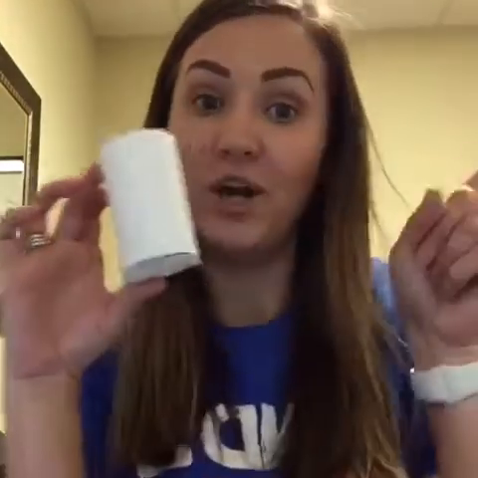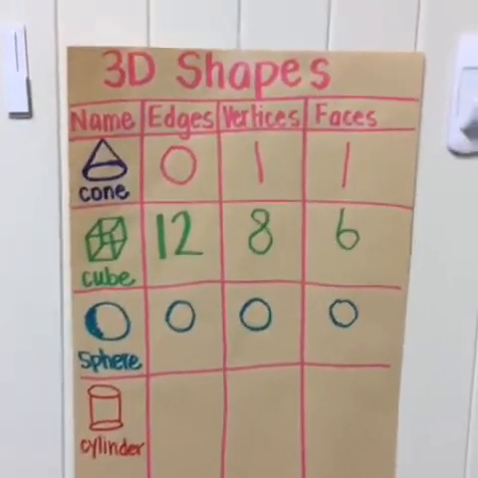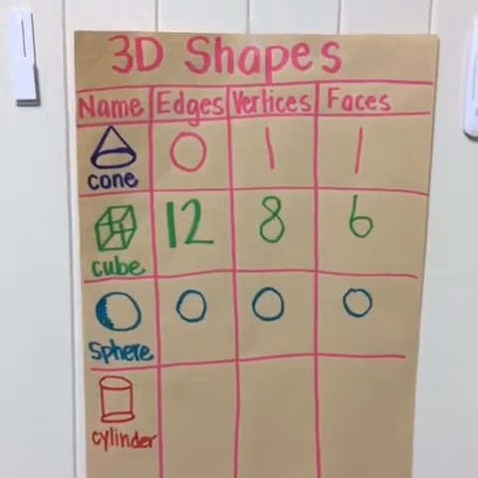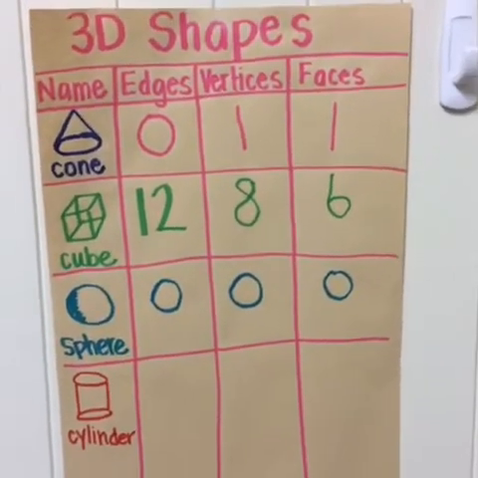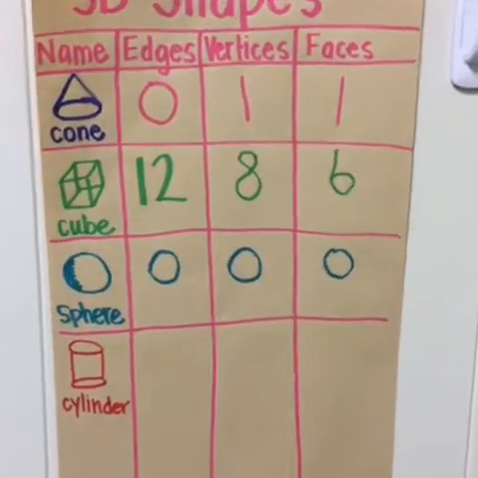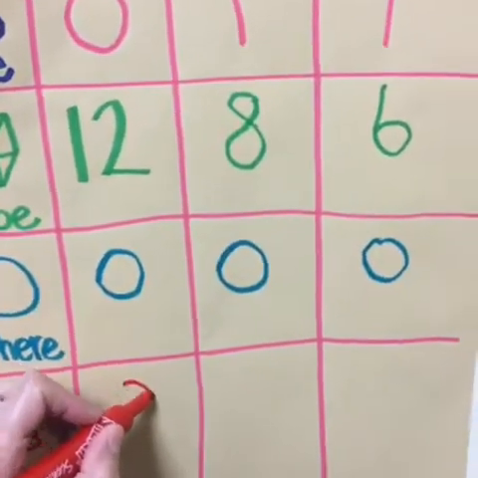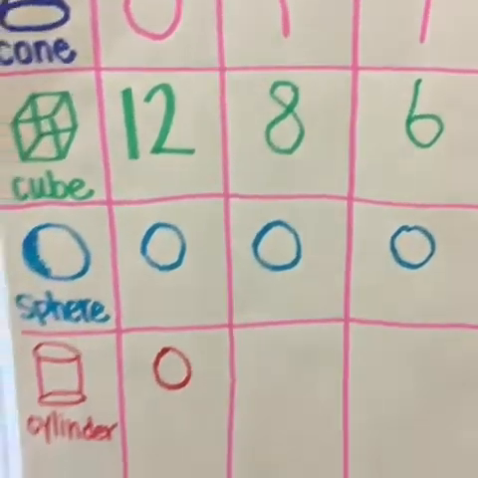So let's go on over to our anchor chart and add that information. All right, kiddos, here we are at our anchor chart. Let's talk about how many edges we said our cylinder has. That's right, sorry kiddos, let me get that in the shot. We have 0 edges.